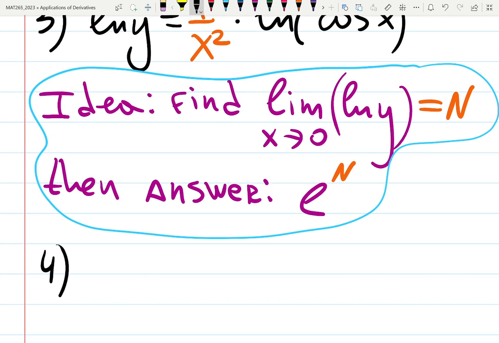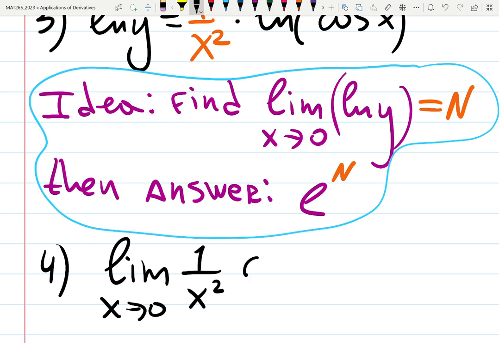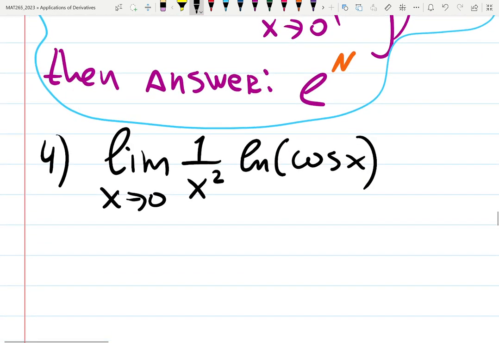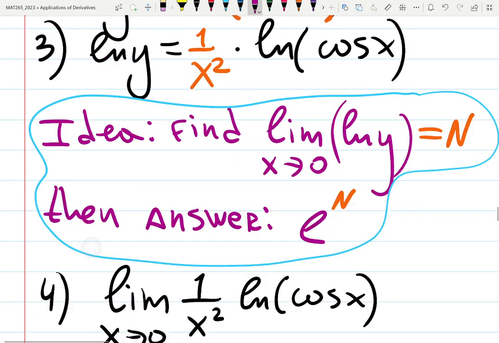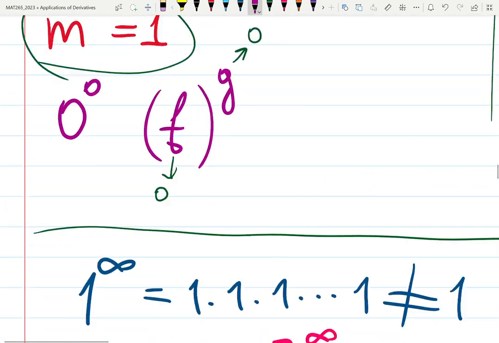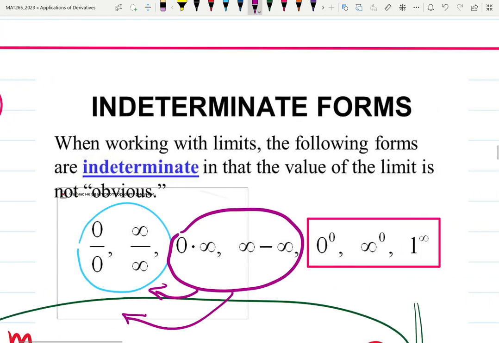So let's do that. Number 4. I'm looking at the limit as x approaches 0 of 1 over x squared ln cosine x. Before you choose what to do and before you feel upset and ditch everything and go play video games, you're supposed to check what case that is. Don't get discouraged. That's why we listed the cases for you, because that's how people usually see them.